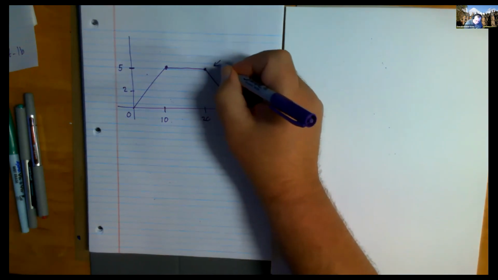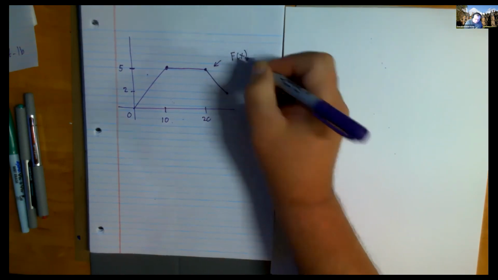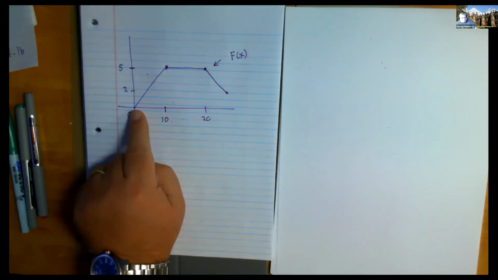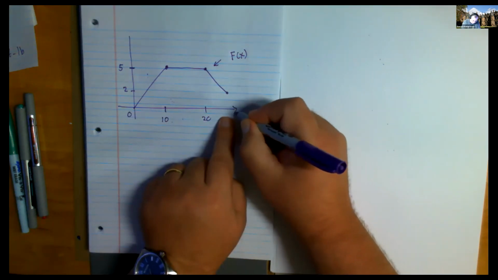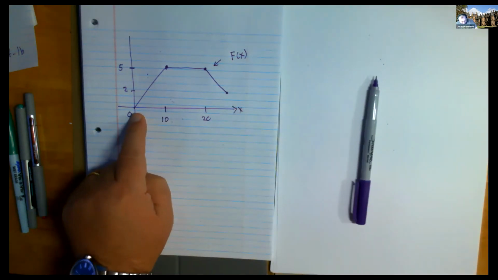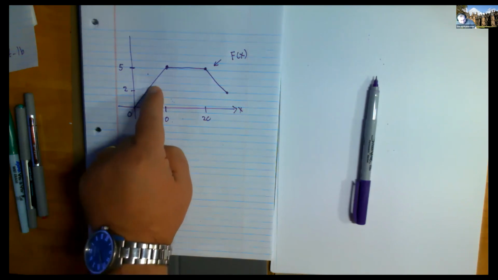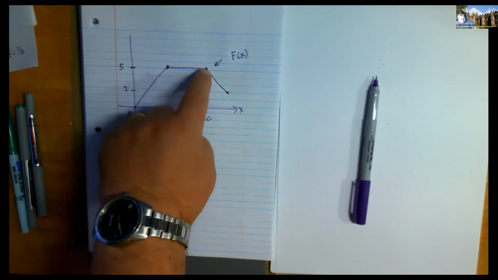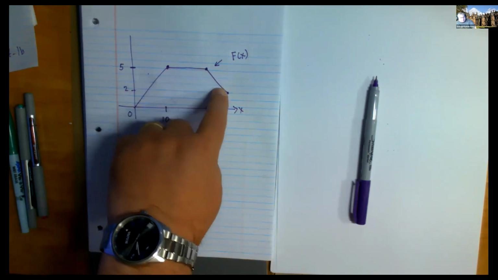This represents our force function. So I guess you're moving this object, and as you're moving it along, as x changes value, it's requiring more and more force. And then you hit this point where the same force will move it, and then it gets a little bit easier towards the end.